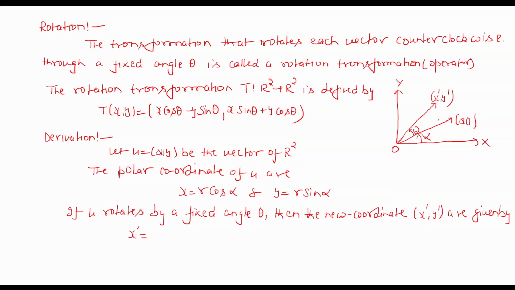When you rotate this vector by angle theta, r remains the same, the distance from the origin. The angle changes from alpha to alpha plus theta, so x' is r cos(alpha plus theta), and similarly y' is equal to r sin(alpha plus theta).